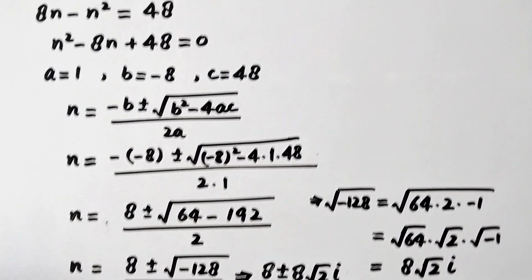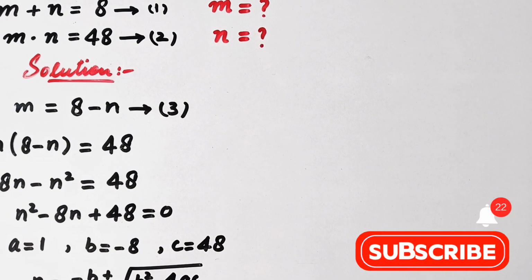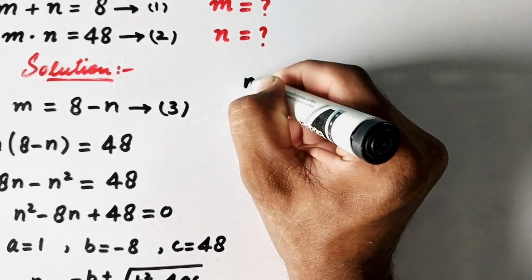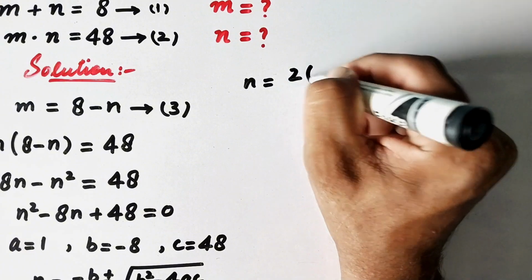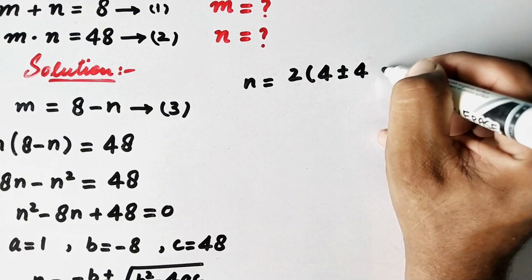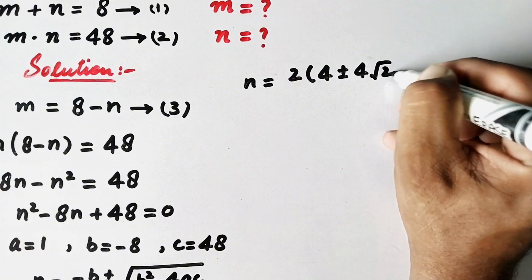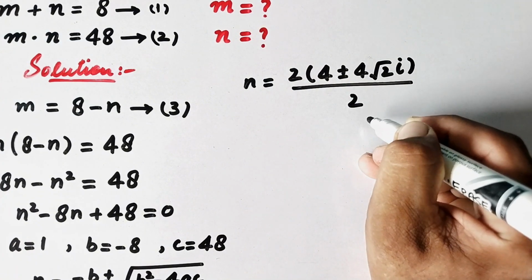Now, next step, n will be equal to, taking 2 common from the numerator, 4 plus or minus 4 times root of 2 i divided by 2.